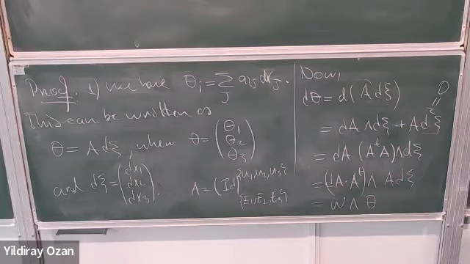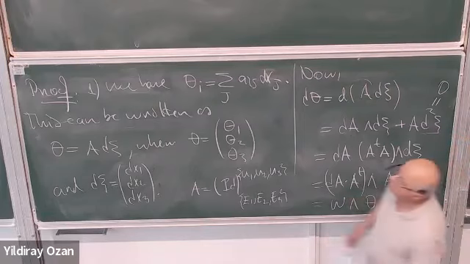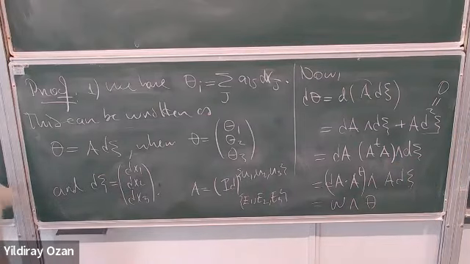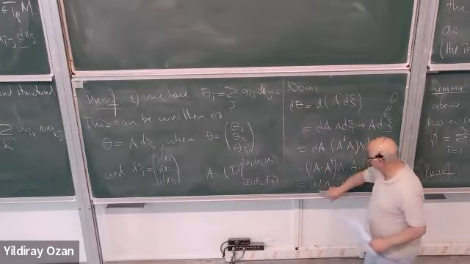Okay. We know that W is equal to this one, and this is nothing but theta. Theta is just this gadget, so it is just A times dxc. So we have this, then d theta is equal to this gadget.